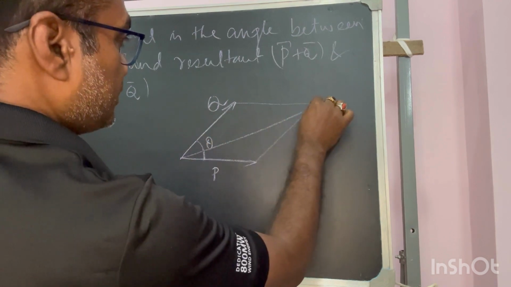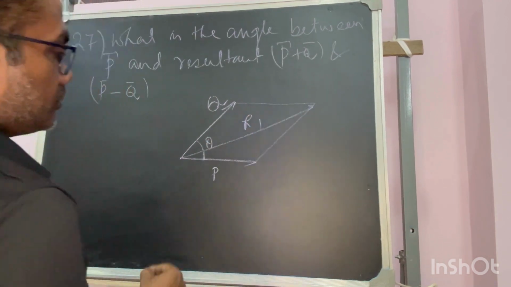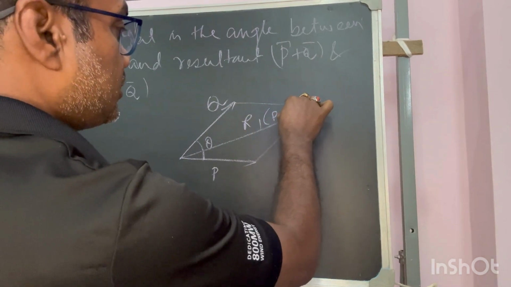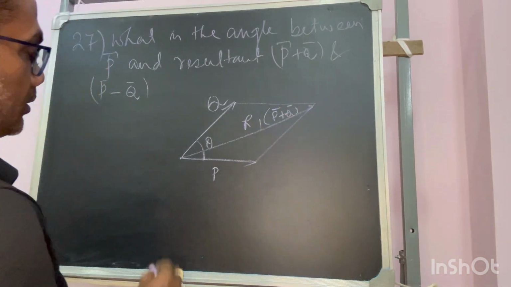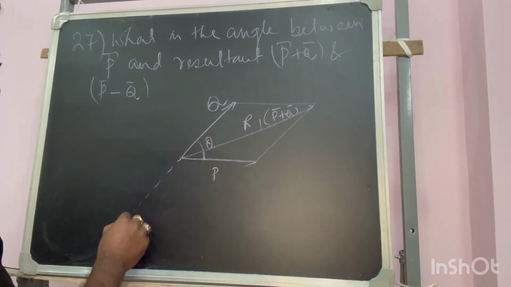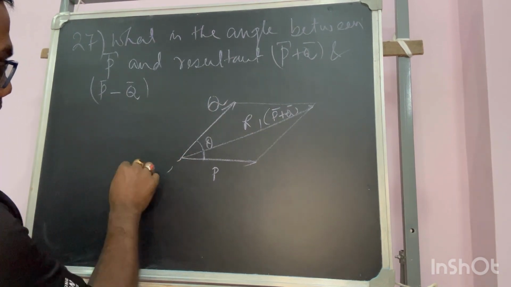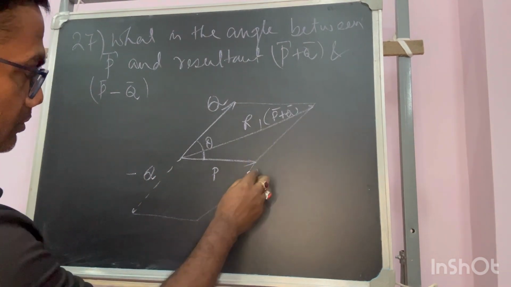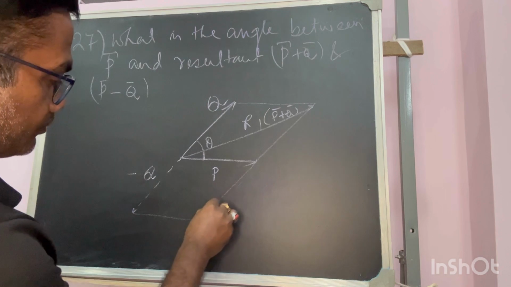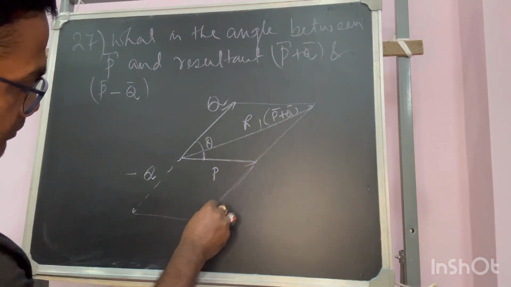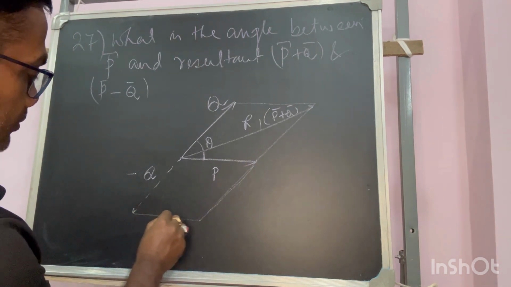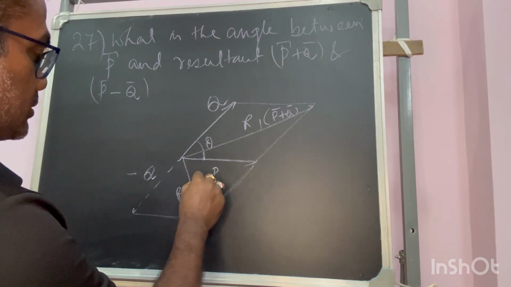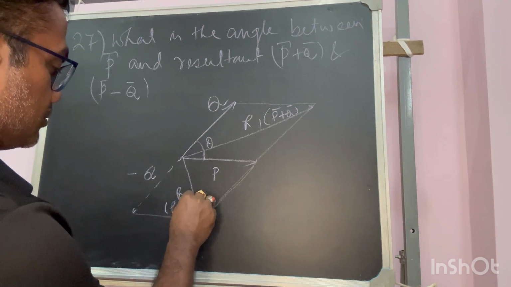The resultant, let's say this is R1, which is between P and Q, so this R1 has to be P plus Q. Now if I extend Q on the other side, because this is P minus Q, this will be minus Q. So the other parallelogram will be like that. I will take this as R2, and R2 is P minus Q.